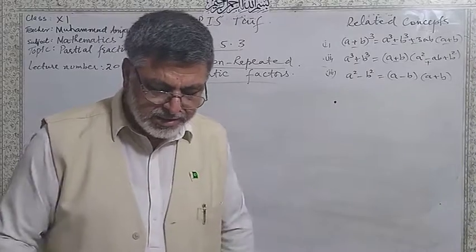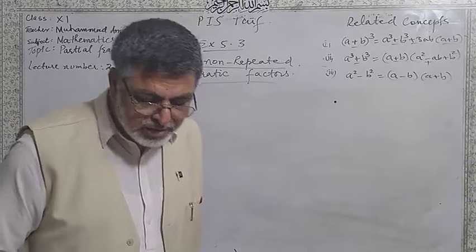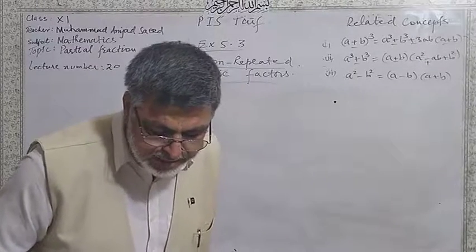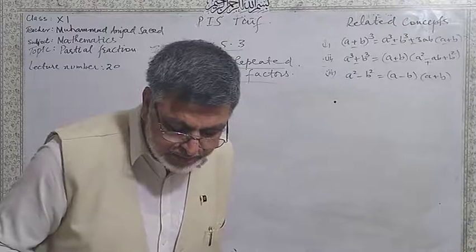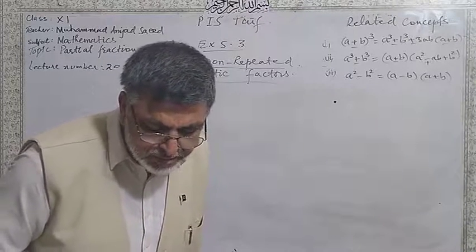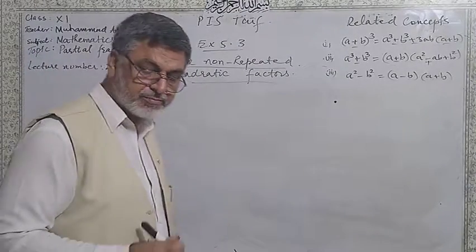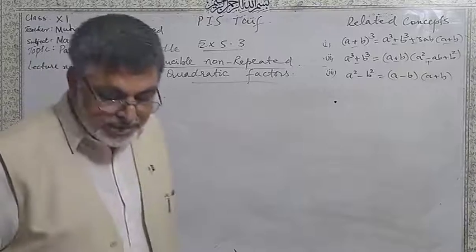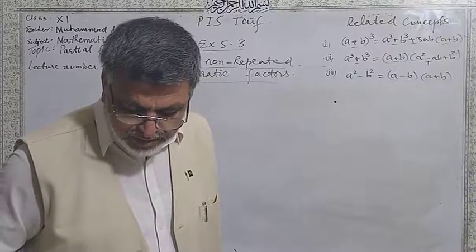Resolve the following into partial fractions. Question number 1 is 9x minus 1 over x square plus 1 into x plus 3. Question number 2 is 1 over x square plus 1 into x plus 1.